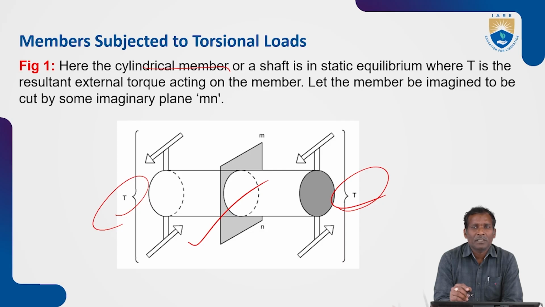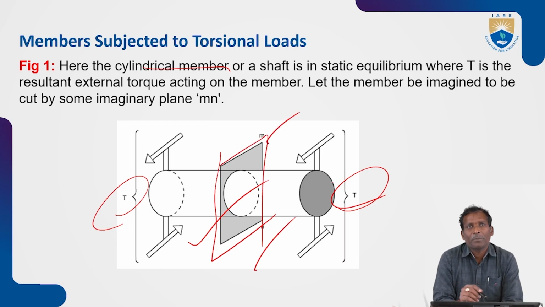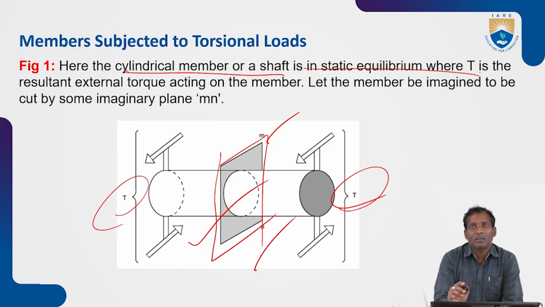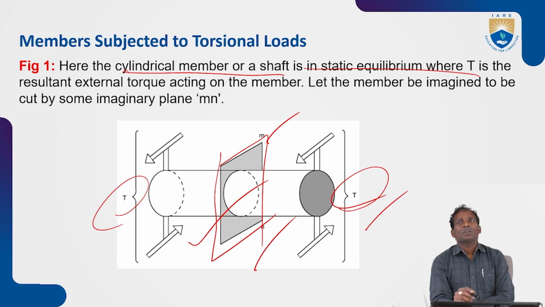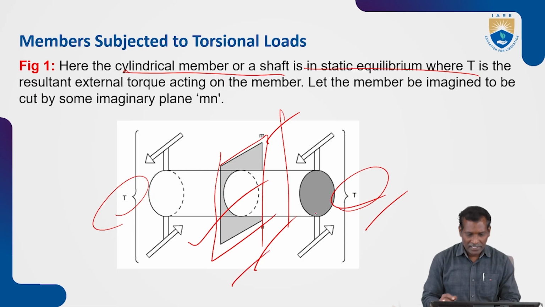Let the member be imagined to be cut by some imaginary plane, that plane is Mn, an imaginary plane on this shaft.